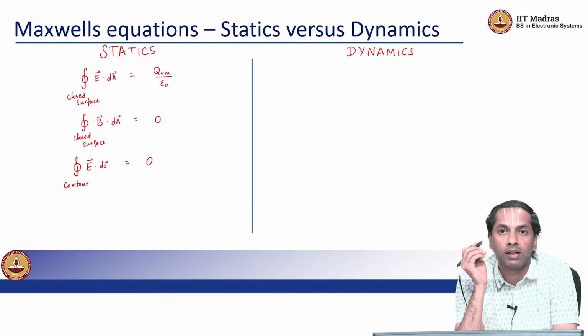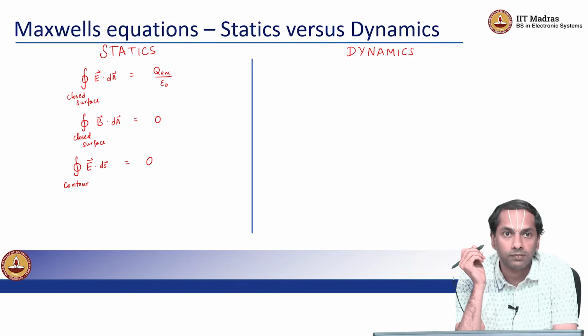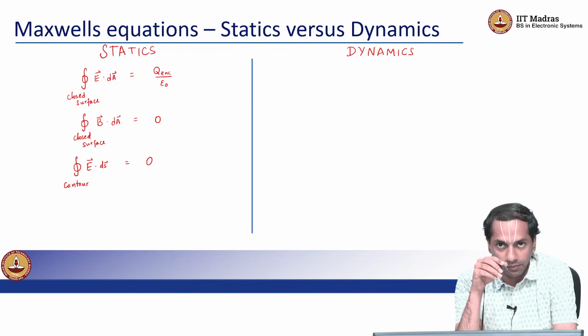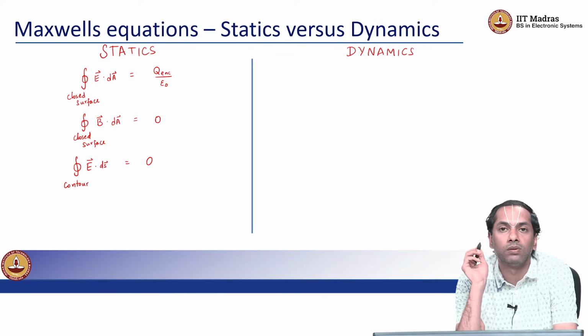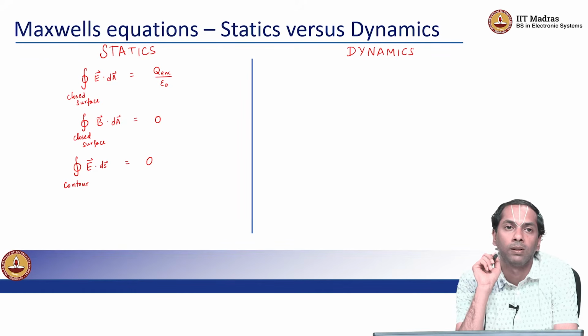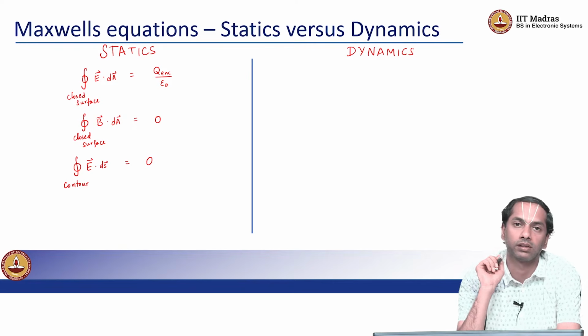So, when I do not have a time rate of change of magnetic flux, the static electric field E, when taken over a contour, will be 0, right. So, when we go around the loop in a circuit, we say that the sum of all voltages over the entire loop should be 0. It stems from this particular equation, right.